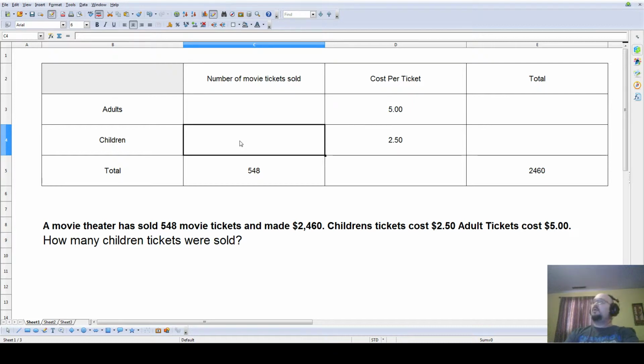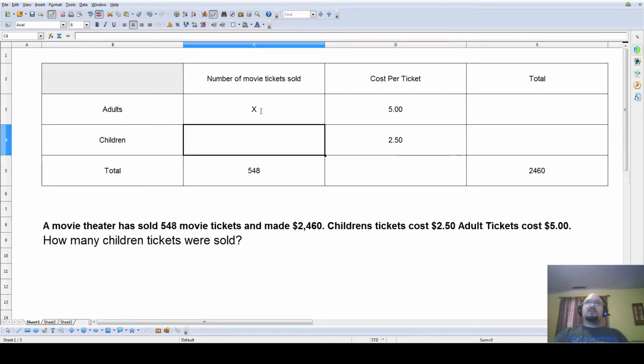So, what do we do? It sounds like we have a variable, right? So we need to assign a variable to one of these boxes, and we can actually choose either one of them. We're not going to break anything by putting an x in the adults. We could totally do that, and we'd be justified.